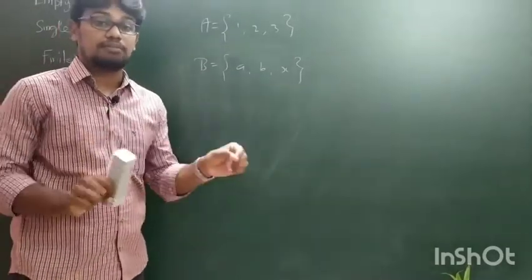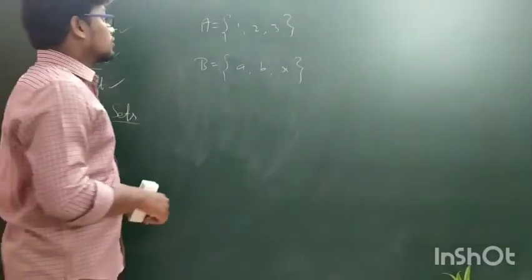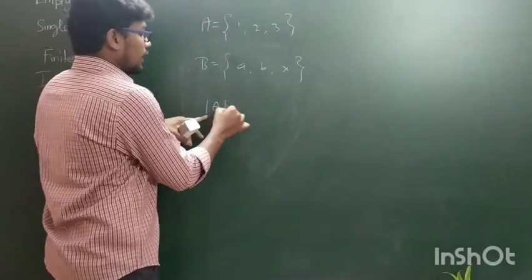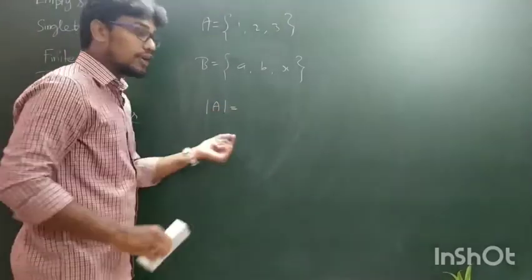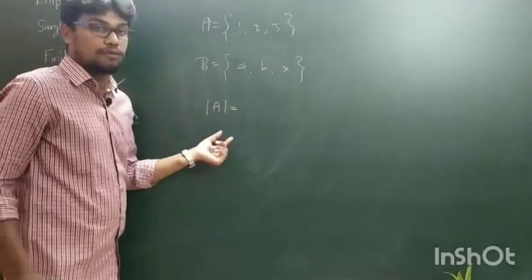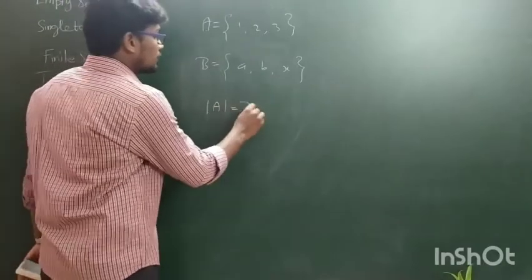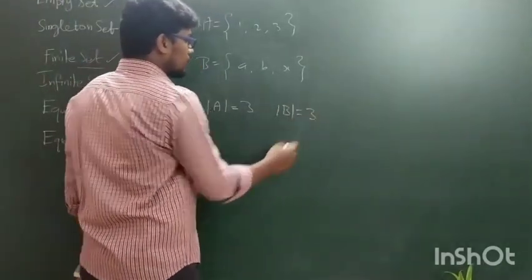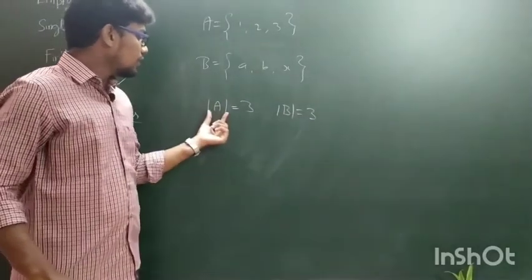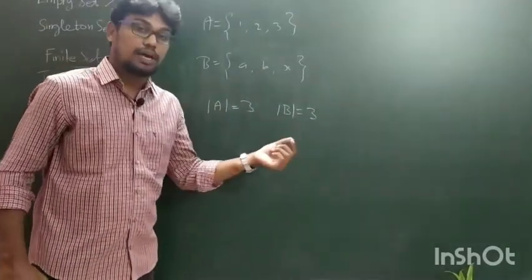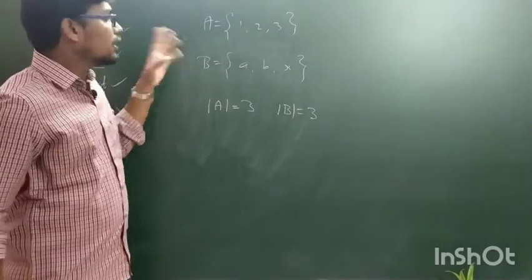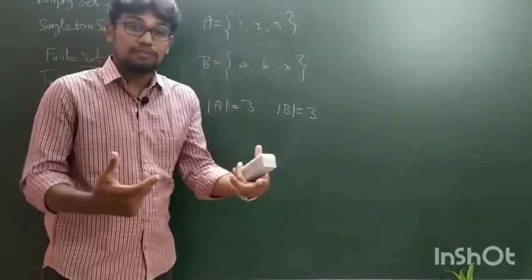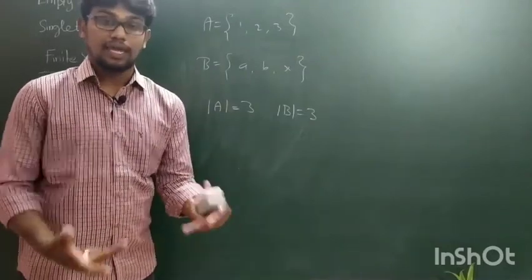Cardinality of A means the number of elements of A. So the number of elements of A is 3. The cardinality of B is also 3. The cardinality of A and the cardinality of B are equal, so we can say A and B are equivalent sets. Simply, if two sets have the same number of elements, then they are equivalent sets.